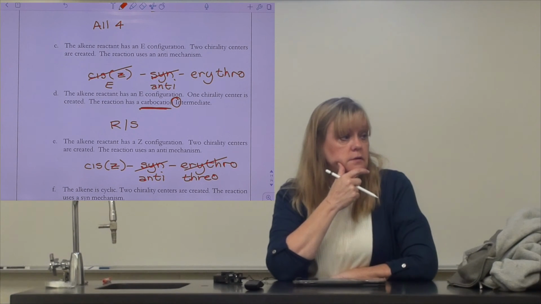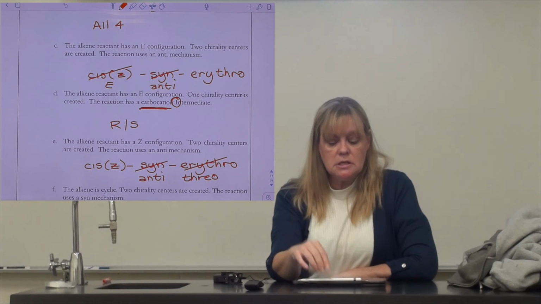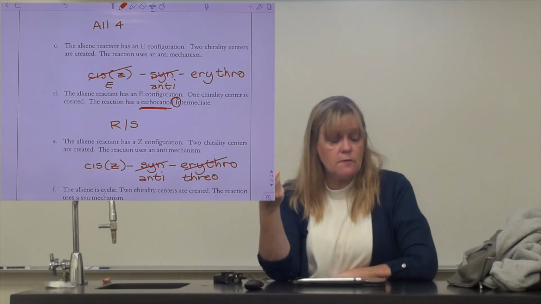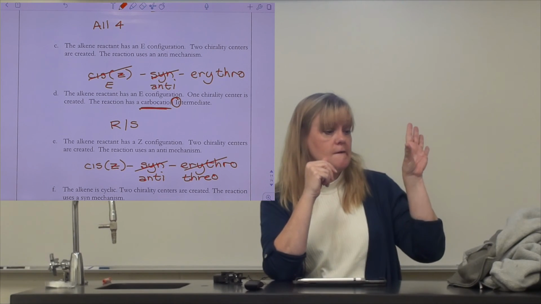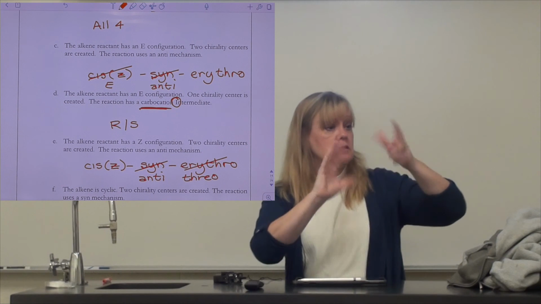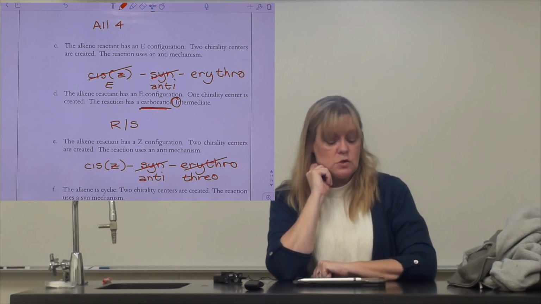Why do you need to cross out 2 things? Because if I've changed conditions, that makes the stereochemistry opposite. I started out with cis, but now instead of it being a syn mechanism, it's anti, so the stereochemistry is also going to be opposite. You don't cross out cis because it's a Z. That's right.